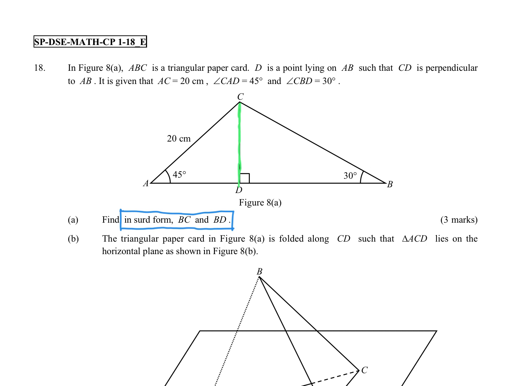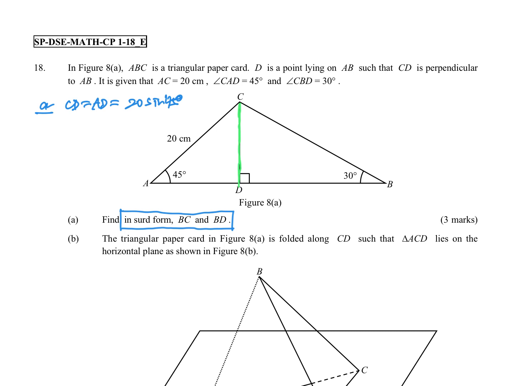So that's why here, part A, CD as well as AD will equal 20 sine 45 degrees, because CD and AD are the same, as triangle ACD is a right angle isosceles triangle.